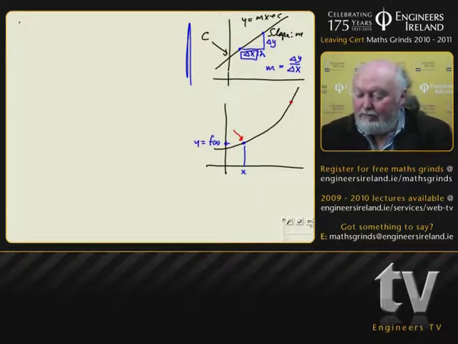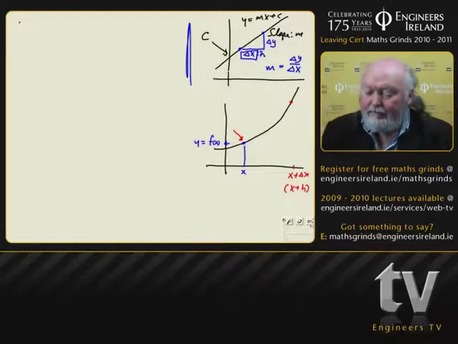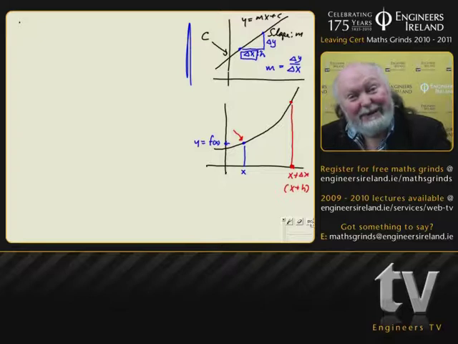The second point, we'll say, is a distance away, which you can call x plus h. And we're saying, now this is where I'm going to have to change my line a little.